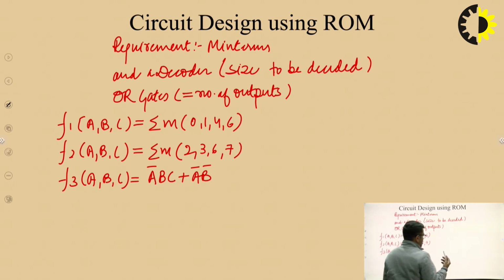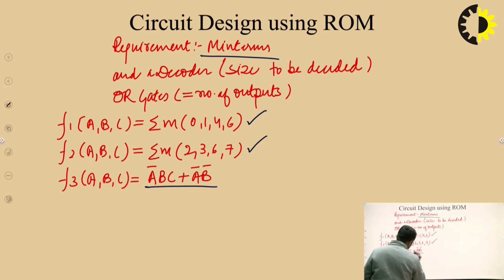The first thing to recall is that I need min-terms. Here min-terms are provided, here also, but for F3 min-terms are not provided, so for this expression I have to calculate the min-terms.